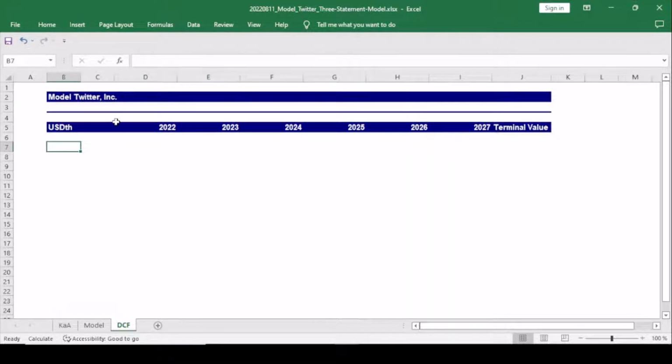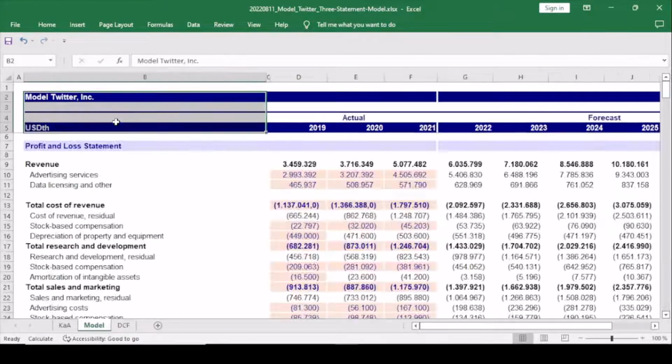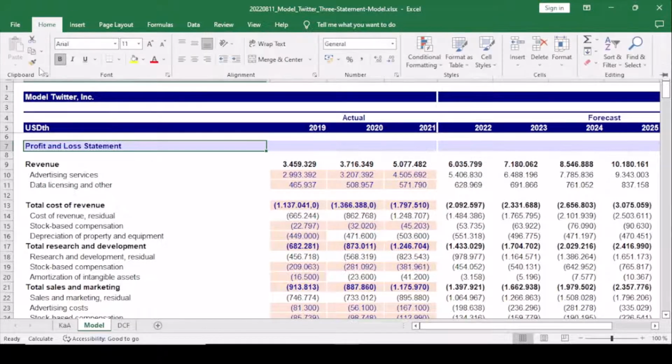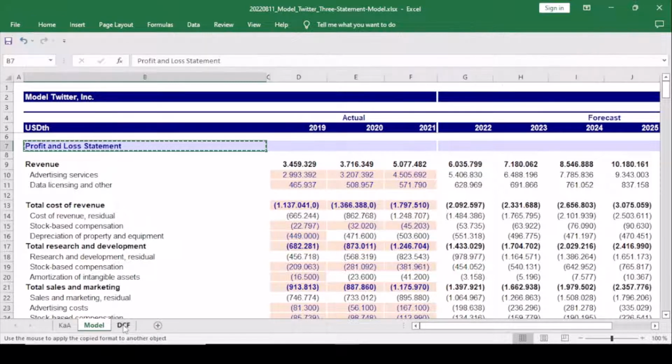So the first step is that we calculate the free cash flows. To be more specific, we calculate the unlevered cash flows. So what does that mean?